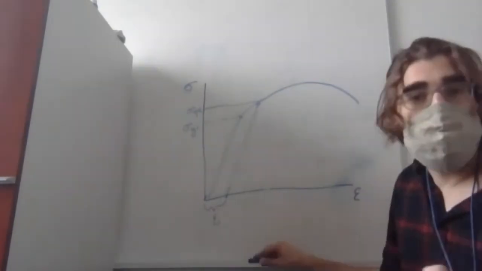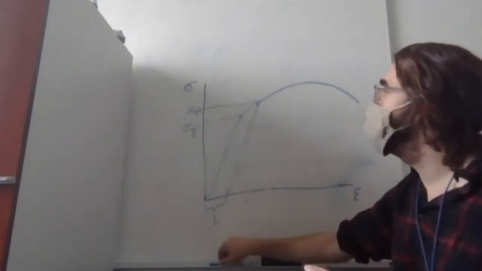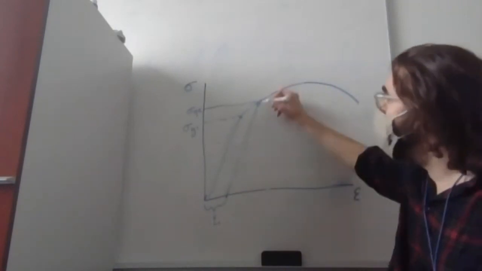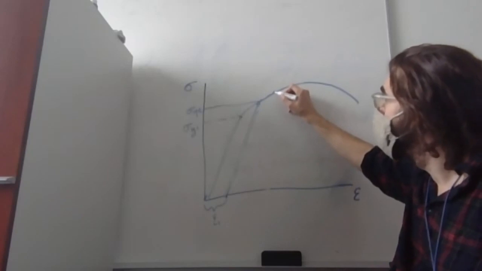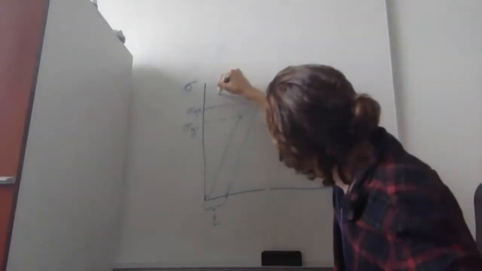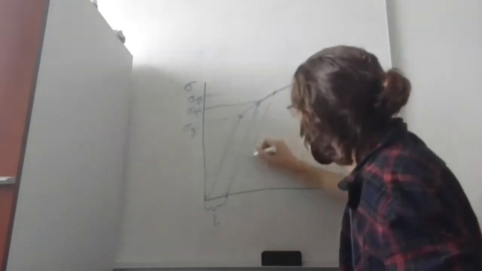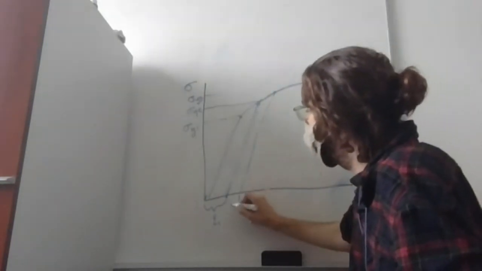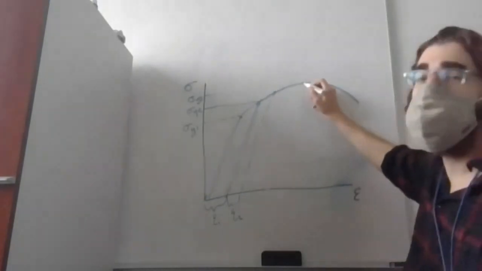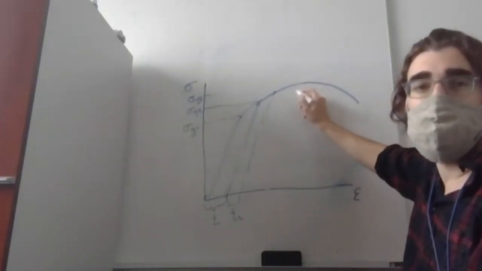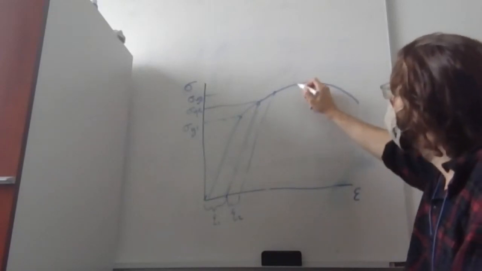That's what we were trying to do. We were trying to strengthen our material. And then we can continue to introduce a little bit more plastic deformation, and now we've introduced even more strain. We can continue to do this as long as we have more room on the plastic deformation curve.